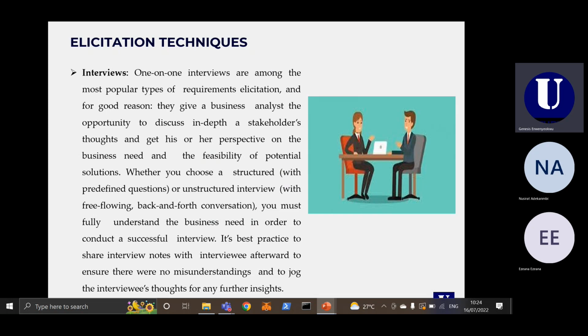Once anybody hears that I'm doing elicitation, the first thing that will go to the mind of that person is, oh, most likely he's interviewing a stakeholder. So interview is the most common or popular type of elicitation technique we have out there.